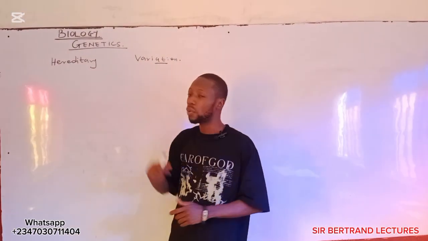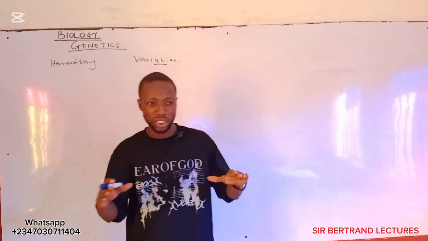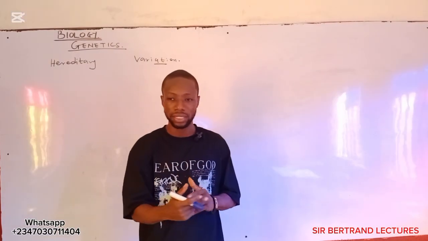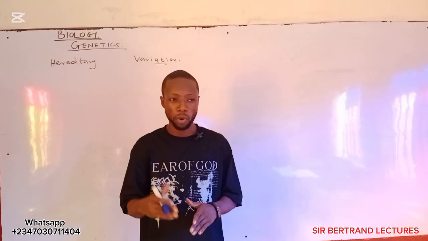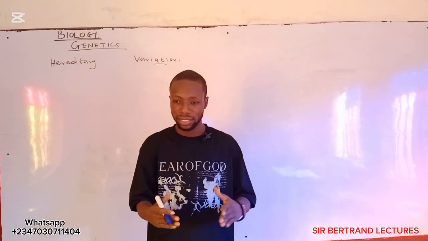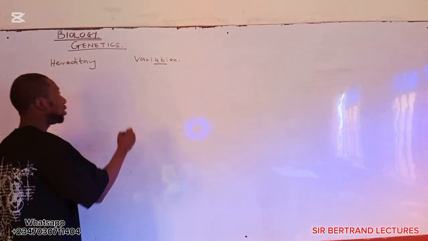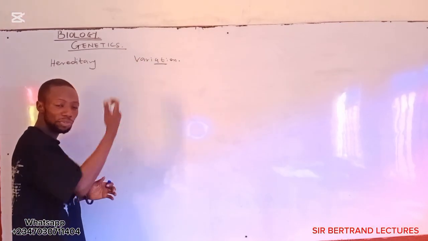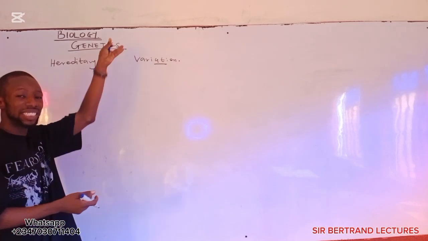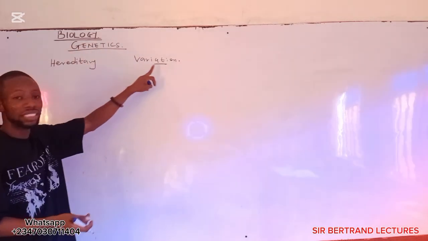Variation is the sum total of differences which exist among organisms of the same species. This variation is referred to as genetic variation because it is linked with the gene. And genetics is the study of heredity and variation.